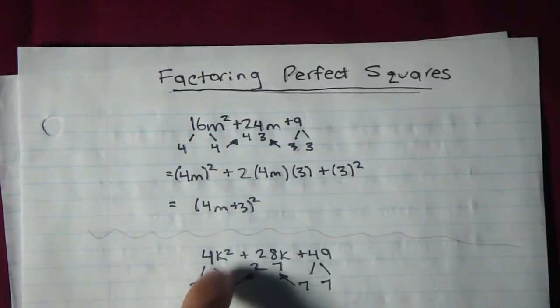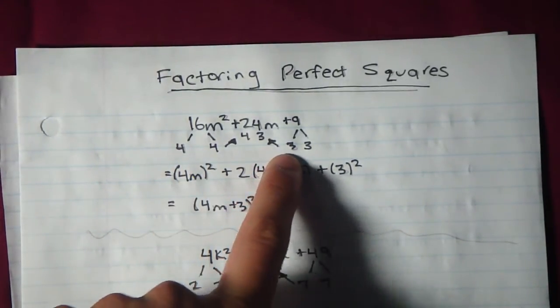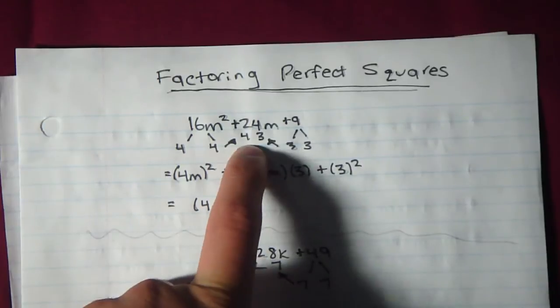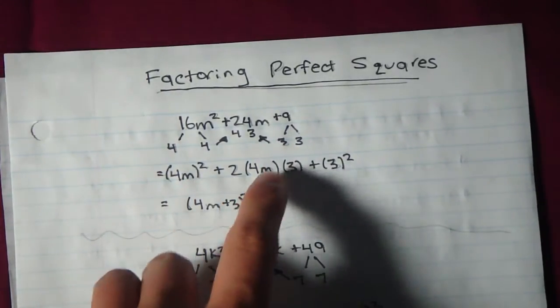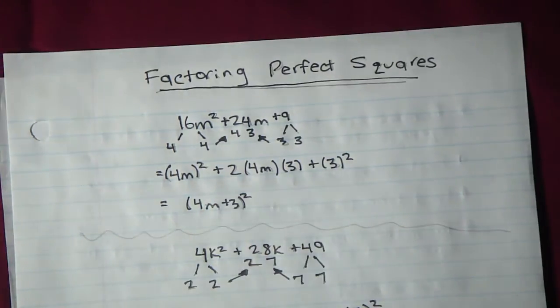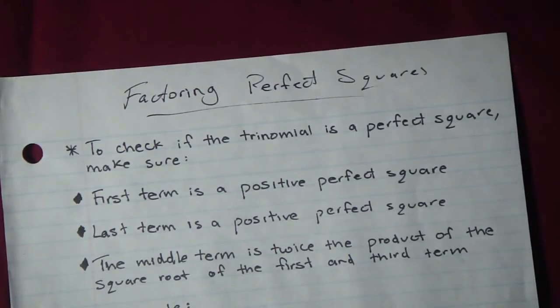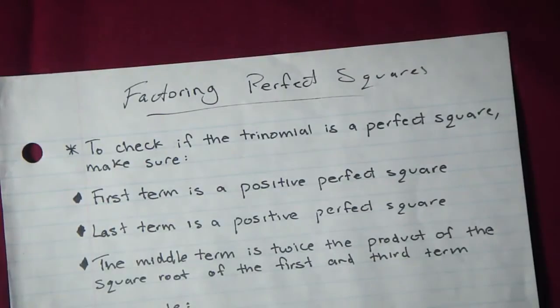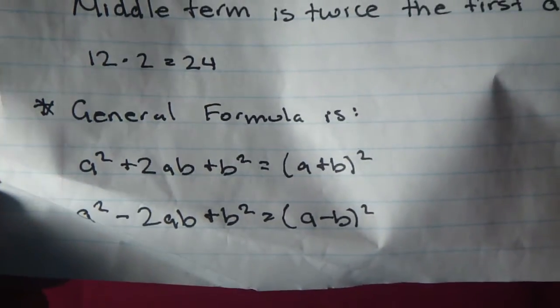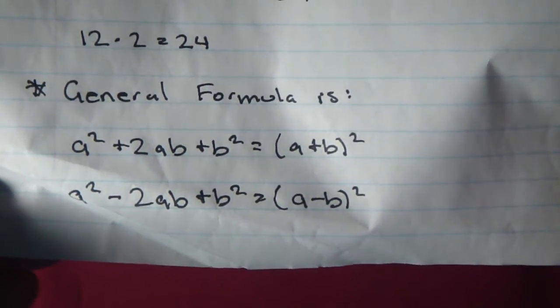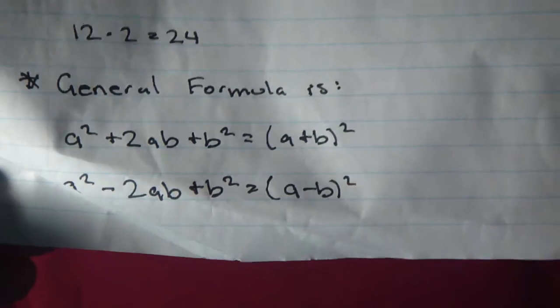Then what you do is you get the square root of the first and last term, you carry it on to the middle term, and you multiply that by 2. That's why we have it right here. You multiply by 2. Now this is because of the equation right here. The formula you have to have it in is a squared plus 2ab plus b squared equals a plus b squared.